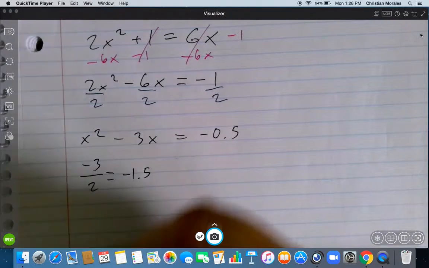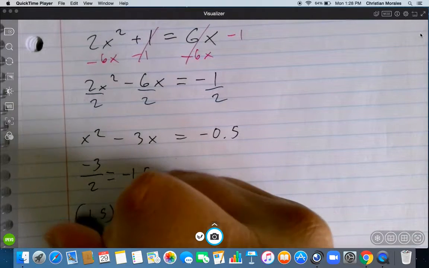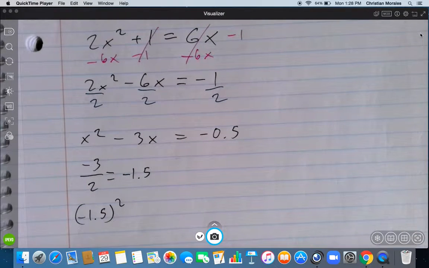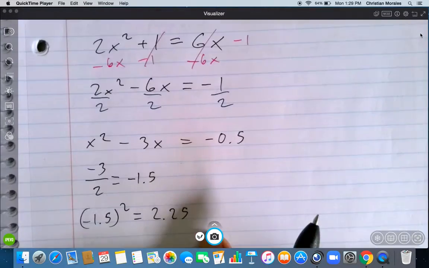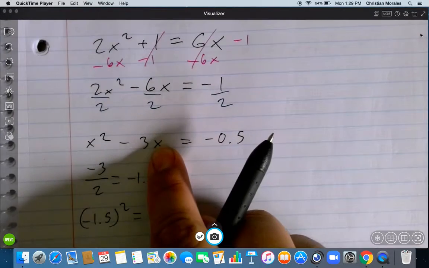Okay, I take that negative 1.5 and I square it. So I get negative 1.5 times negative 1.5, clear that, 1.5 squared, and I get 2.25.